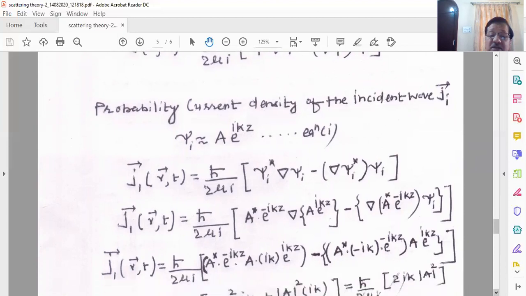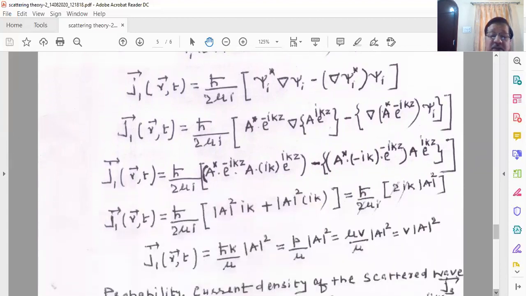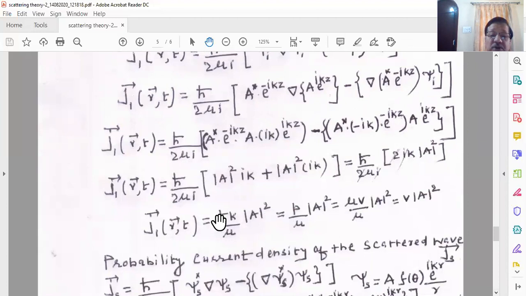That factor comes out to be the expression ħk upon μ times mod of A square. ħk is momentum, so I write momentum upon μ. Momentum is mass into velocity, and the mass is the reduced mass, because we have a system of two interacting particles. So it is μv. Please remember this is a small v, not a capital V. It is the velocity of the incident particle.